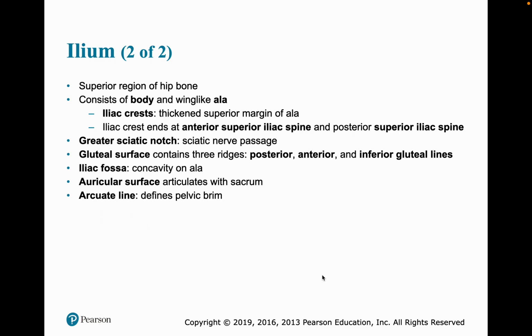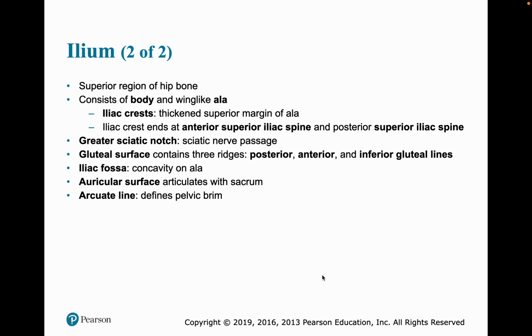So the ilium has a body and wing-like structures we call the ala. The iliac crests are thickened superior margins of the ala, and the iliac crest ends at the anterior superior iliac spine and the posterior superior iliac spine. The greater sciatic notch is where the sciatic nerve passes through.